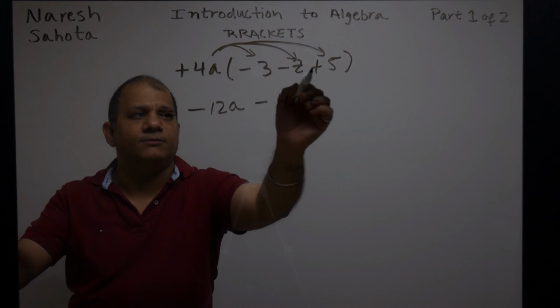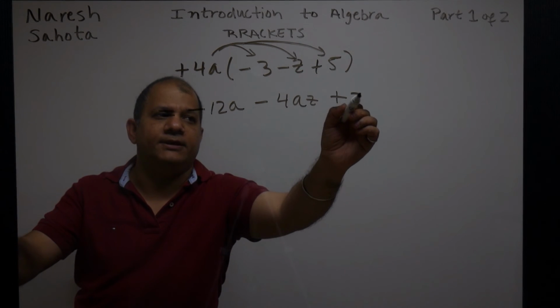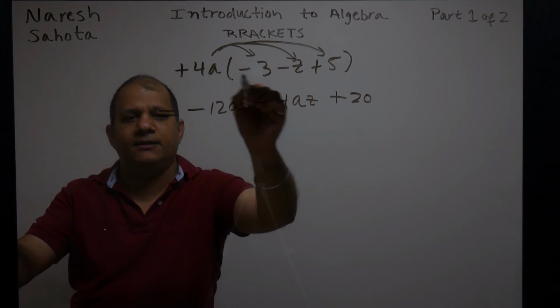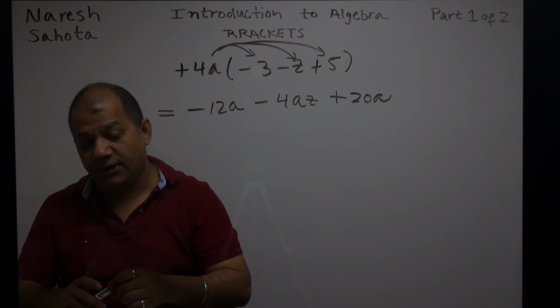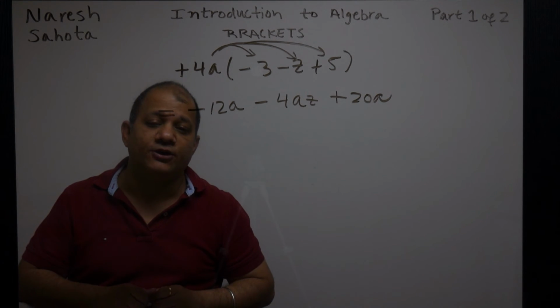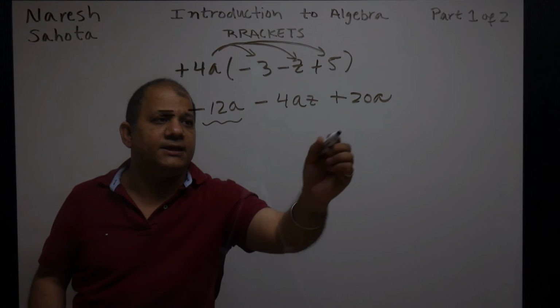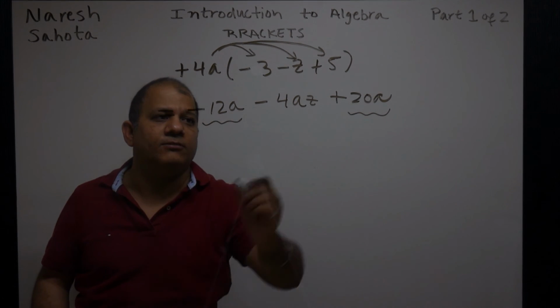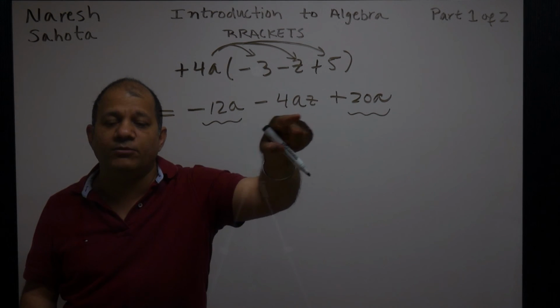Positive times positive is positive. 4 times 5 is 20, times a is 20a. So that's the answer there. Are there any like terms? Yes, there are, so we can combine them. That's an a term, that's an a term. We can combine those. This is not alike because the variable is different.